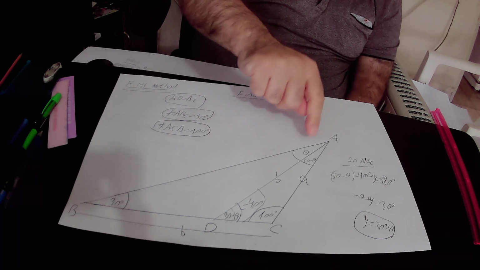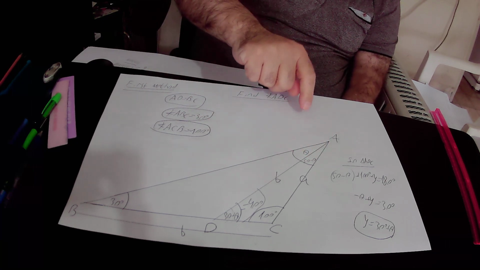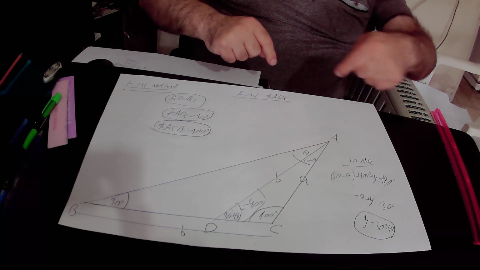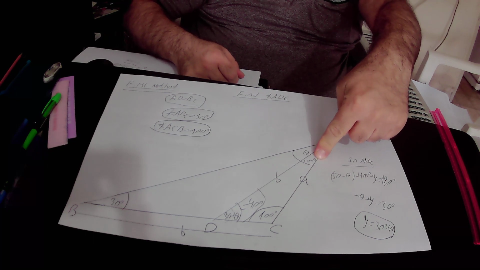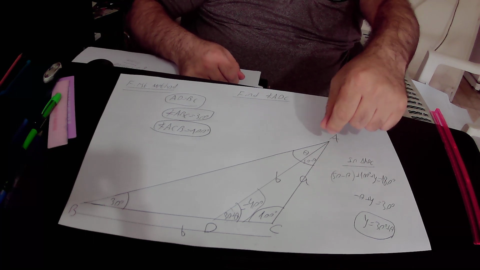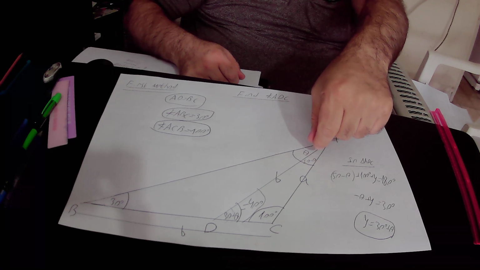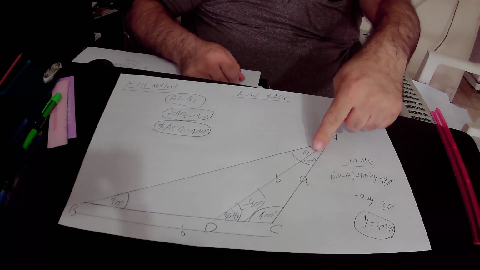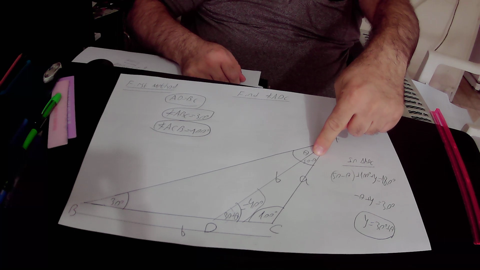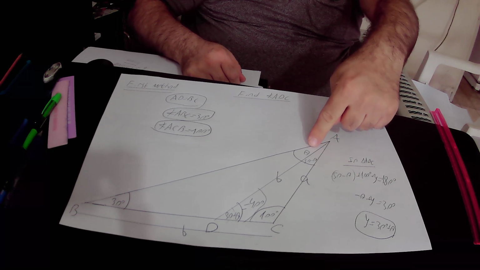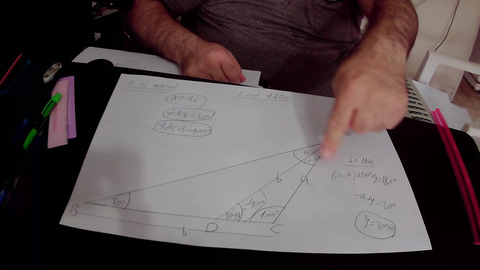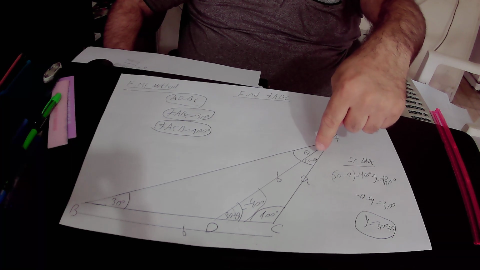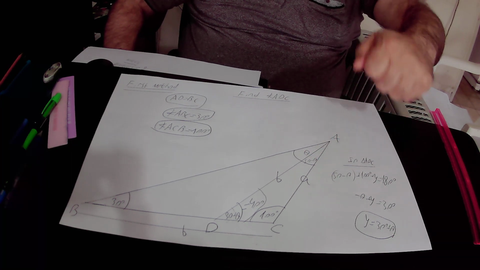If we define angle BAD as theta, then angle DAC must equal 50 degrees minus theta, so that the sum of those two angles is 50 degrees, because 50 degrees minus theta plus theta gives us 50 degrees, the value of angle BAC. So angle DAC equals 50 degrees minus theta.